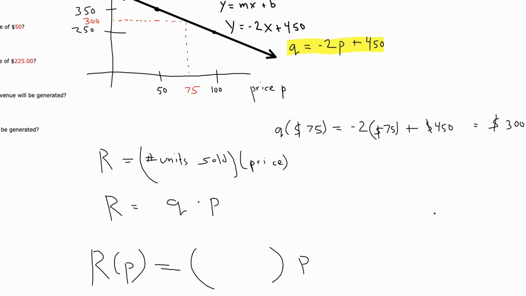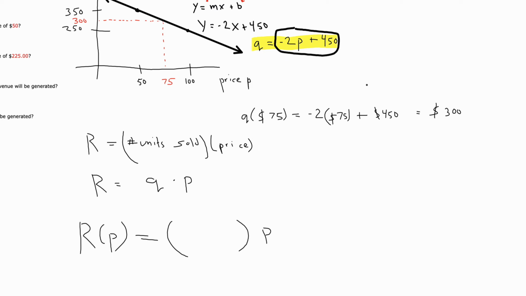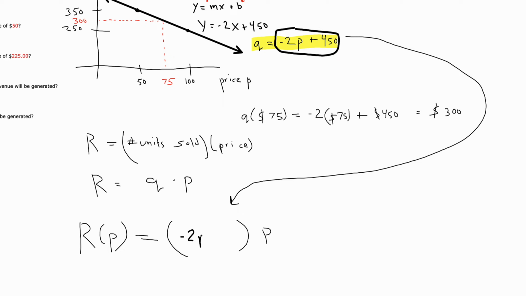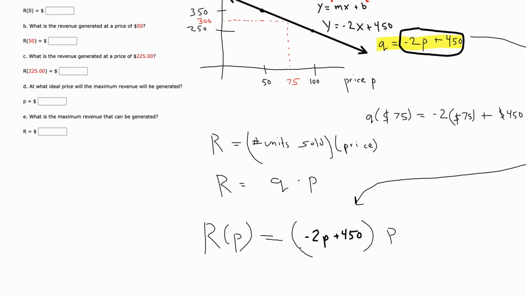And the formula to use is this one. So I'm going to take this and plug it in here. All right, now we have the revenue as a function of just price.